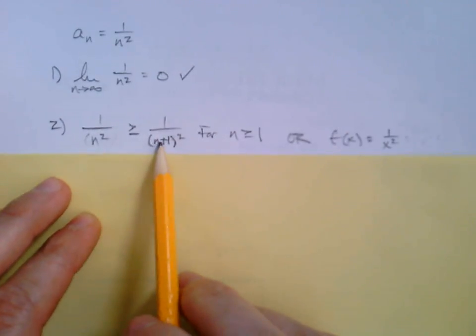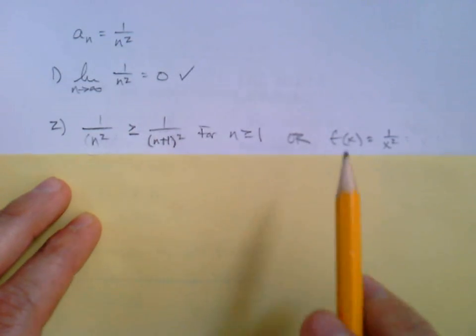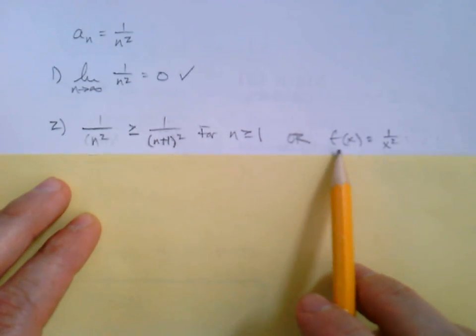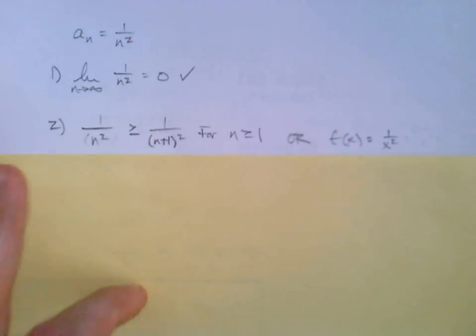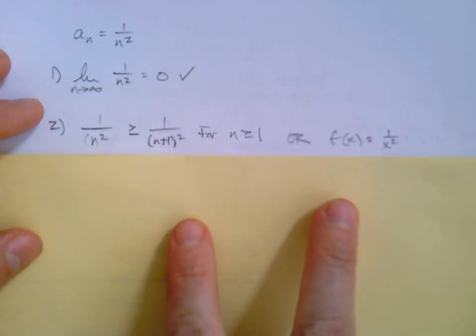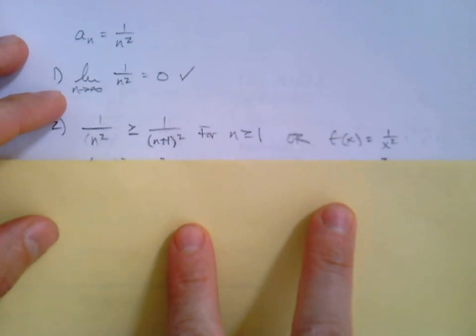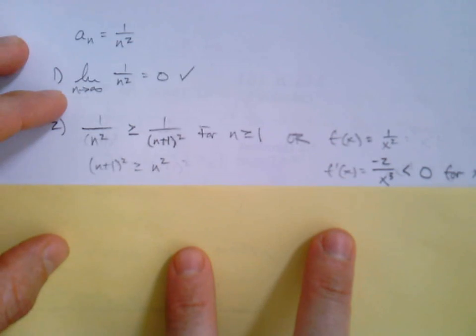So I'm either going to show this algebraically, or I'm going to show that the derivative is always negative, that it's always decreasing. Okay, so I'll just kind of do these one step at a time. I've got it kind of laid out that way.